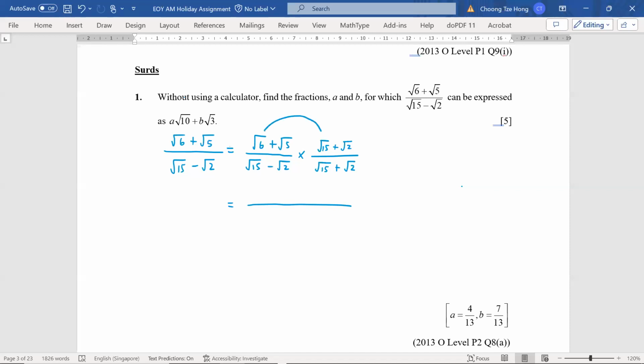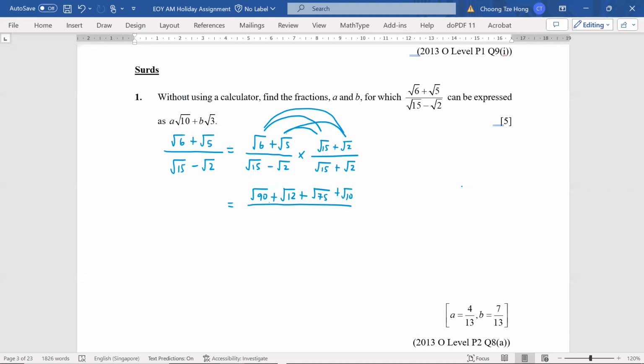So square root 6 times square root 15 will be square root 90. Be careful, do it step by step. Square root 6 times square root 2 is square root 12. Then plus square root 5 times square root 15 will be square root 75. Then square root 5 times square root 2 is plus square root 10.